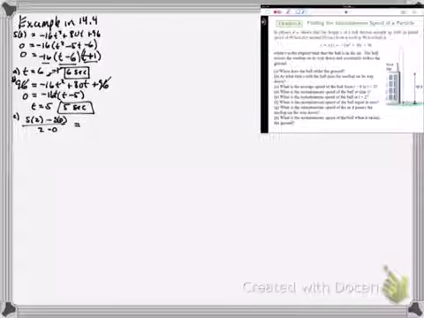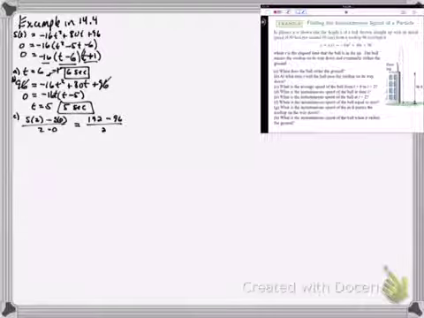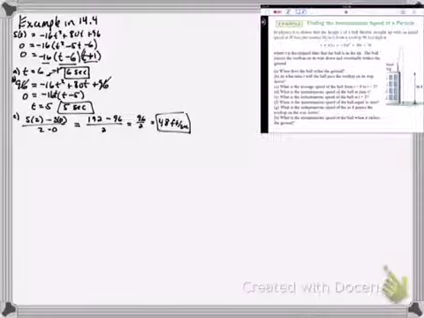If I plug in 2, I get 192. If I plug in 0, I get 96, all over 2 minus 0, which is 2. I do my subtraction, and then I do my division. That's in feet per second, because the height's in feet and the time is in seconds. And so there we go with that one.